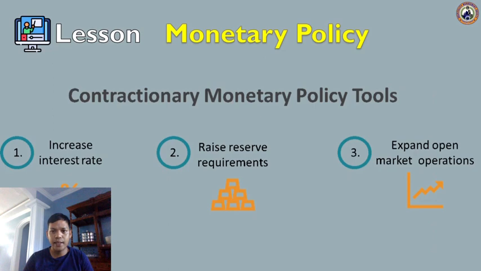However, the increased money supply can lead to higher inflation. That is also the disadvantage if we increase the supply of money, raising the cost of living and the cost of doing business.